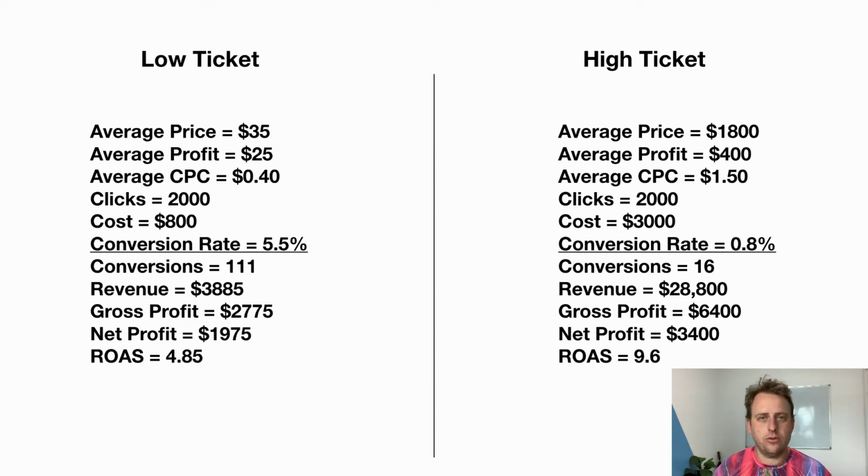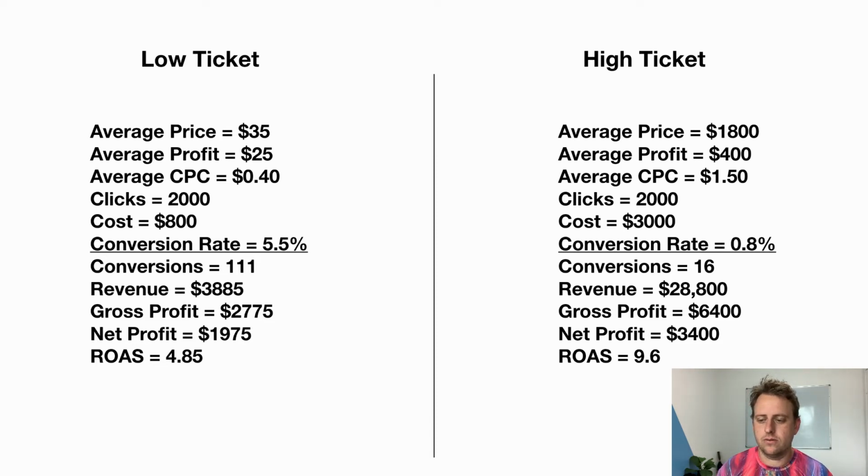Whereas if you've got a low ticket, your conversion rate is going to be much higher. It might be 5.5, it might be 3 or 4 or something like that. That's about where it should be. So at a 5.5% conversion rate on 2,000 clicks, you're turning in over 100 sales. But on the high ticket, of 2,000 clicks you're only going to get 16 sales at that 0.8% conversion rate. But look at the rest of the numbers.